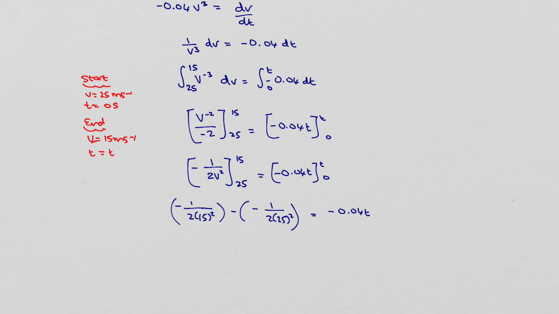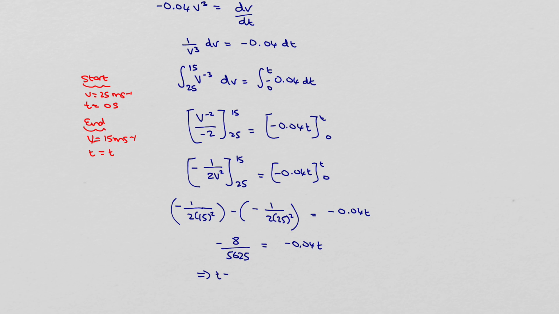And then if I simplify the left-hand side, that's minus 8 over 5,625 is equal to minus 0.04t.